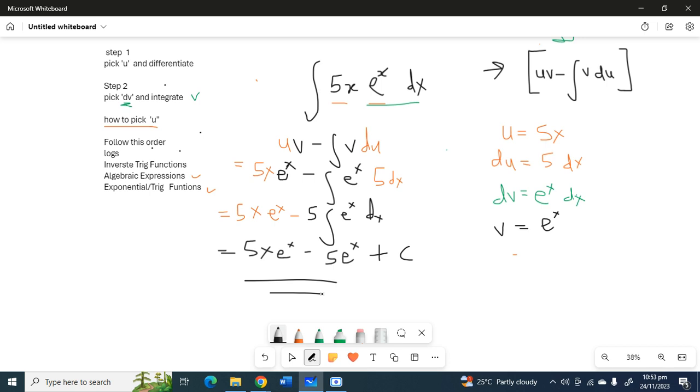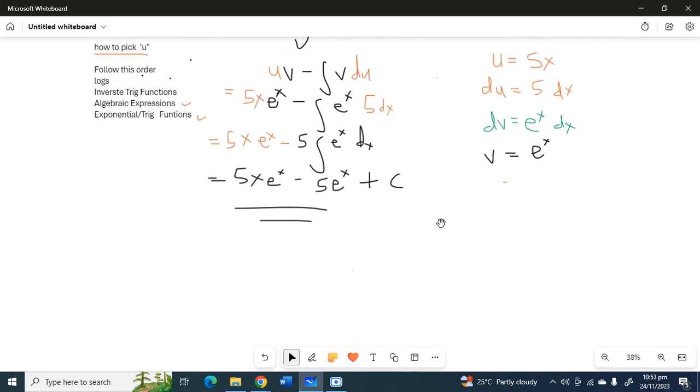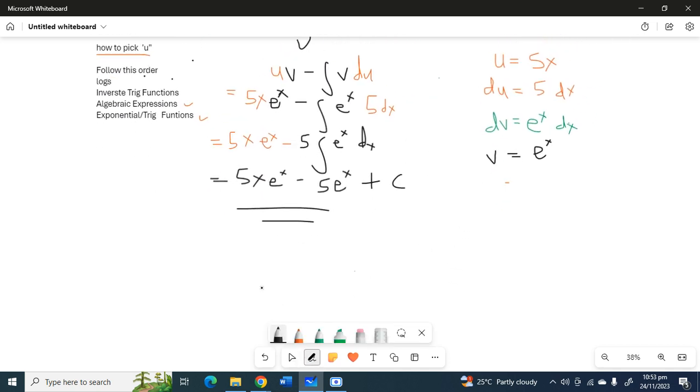All right. Let's do another example. We've got x cos x dx. We have to integrate this.